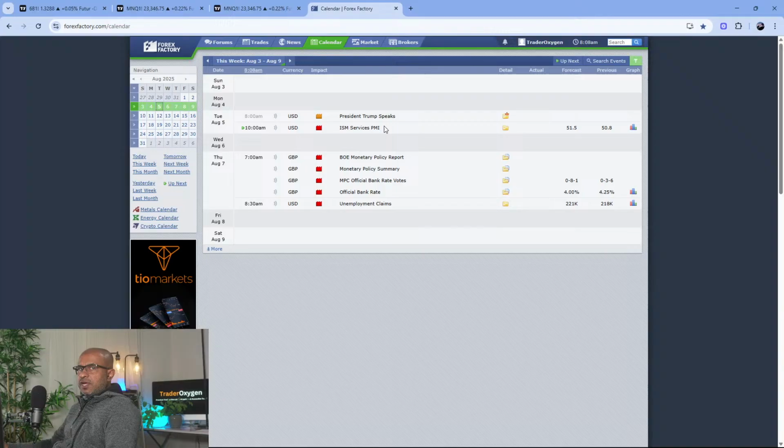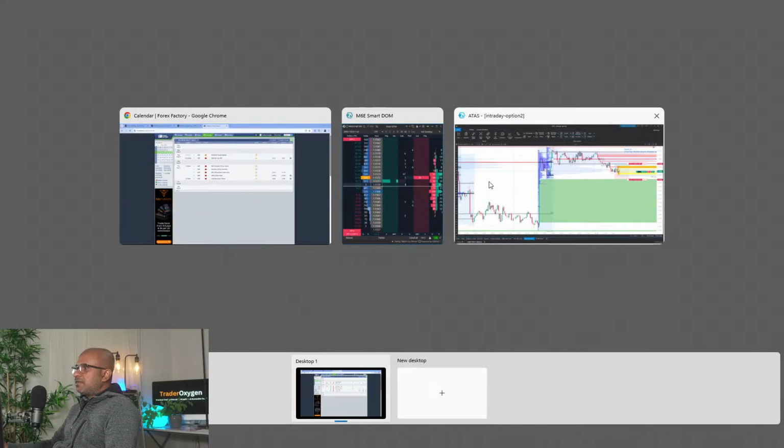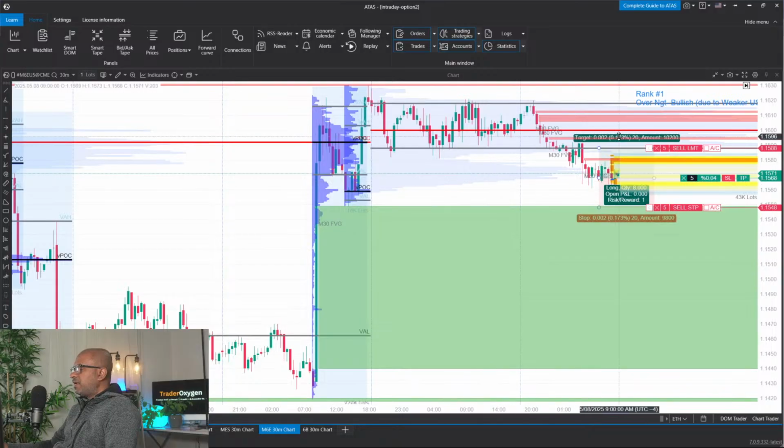We just need to keep an eye on that as well, because this news sometimes can cause high volume spikes. In that case, it may spike and stop you out, so that possibility is there. So if this trade goes in the intended direction before news and hits our take profit, that's wonderful, right?